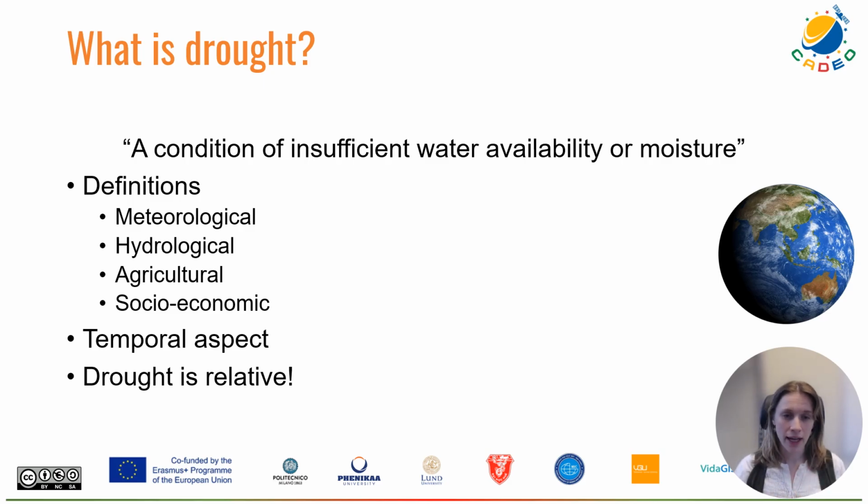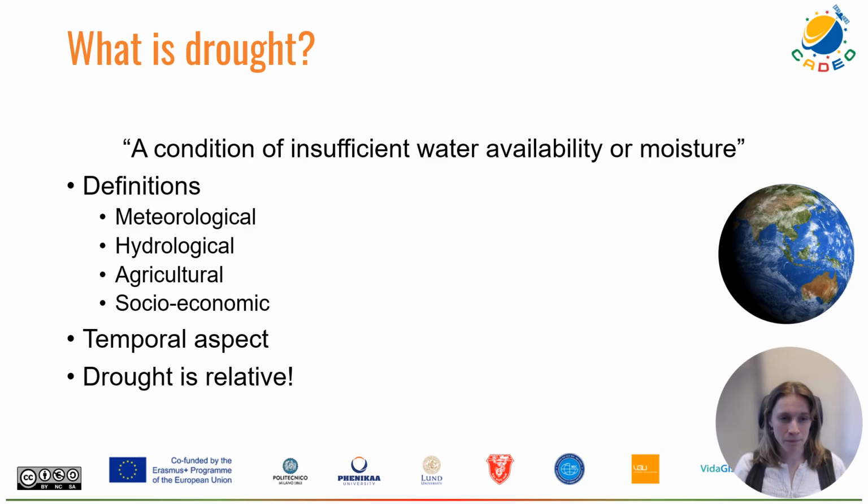Agricultural drought is a condition where you have insufficient soil moisture to support crop growth. So this is where it starts to get more clear how it affects people and their livelihoods.